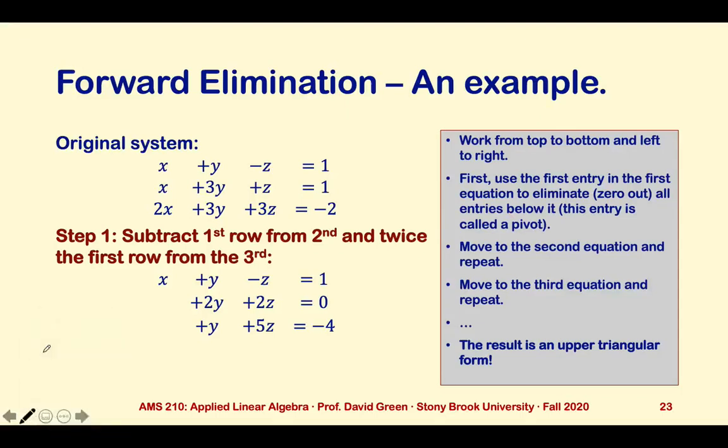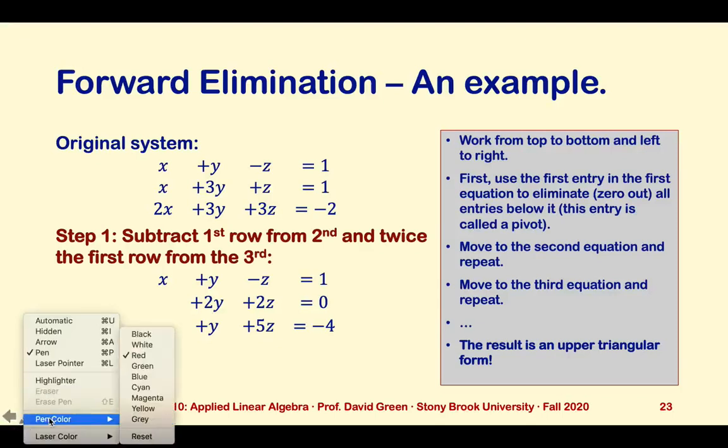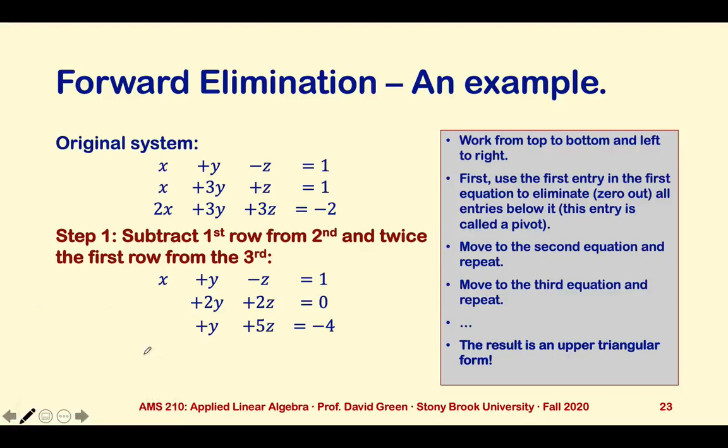The very first thing we do is identify the pivot, the first entry in the first equation. We would like to use this first equation to remove the first term from the second and third equations.